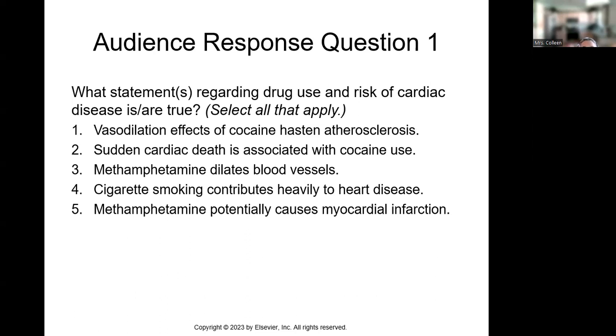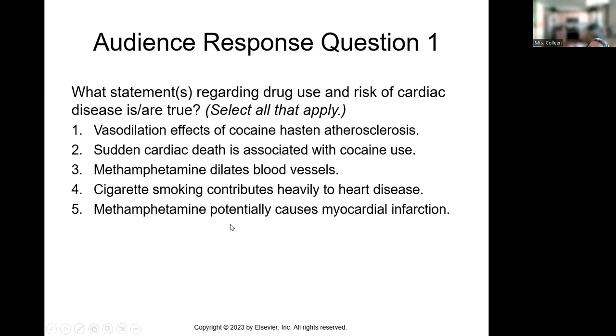Okay, number five, methamphetamine potentially causes MI. Okay, that could be true. So the dangers of substance abuse are pretty real. So for this question, the correct choices are 2, 4, and 5.